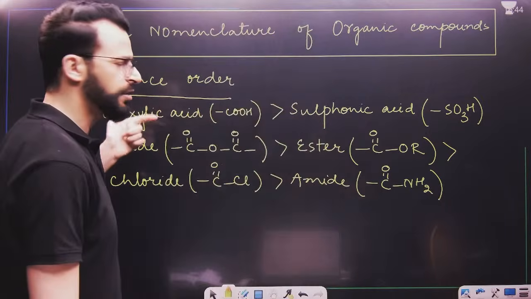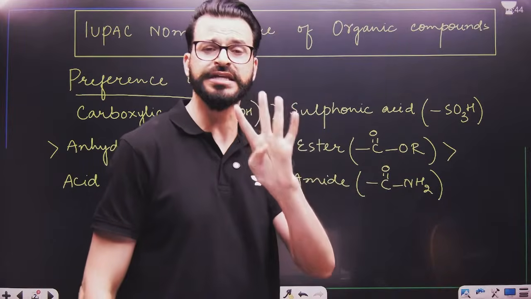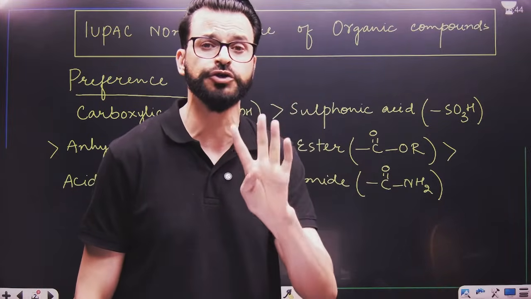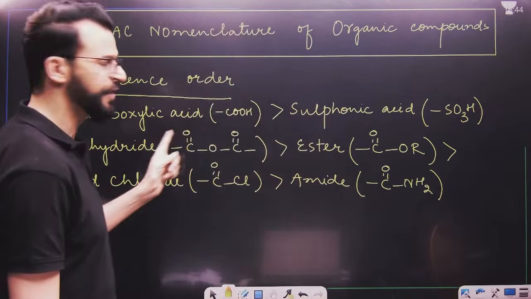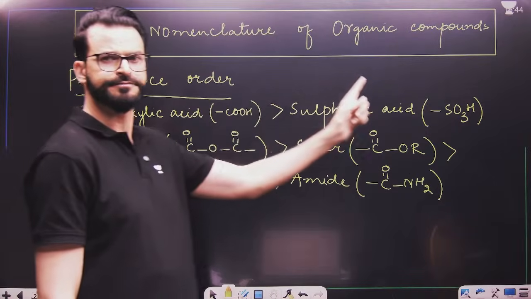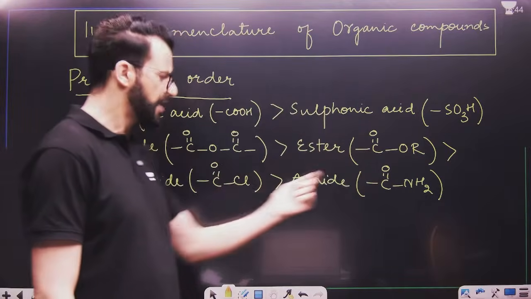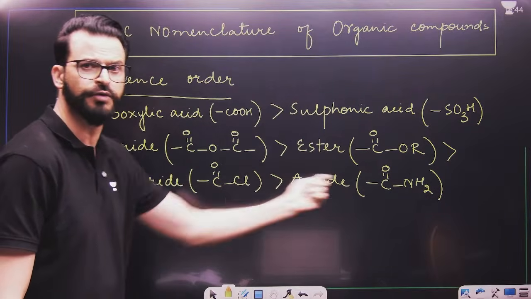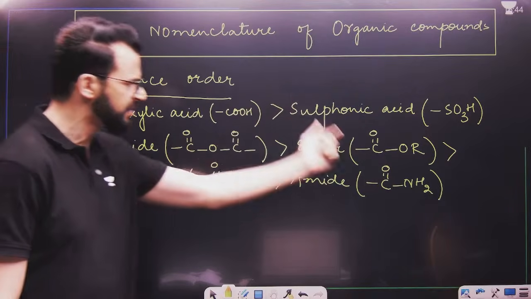First carboxylic acid, then sulfonic acid, then 4 derivatives of carboxylic acid. Among these, write down first the one which has more oxygens. That means anhydride having 3 oxygens, then ester having 2 oxygens. But these 2 have 1 oxygen. Among acid chloride and amide, write acid chloride first, then amide.